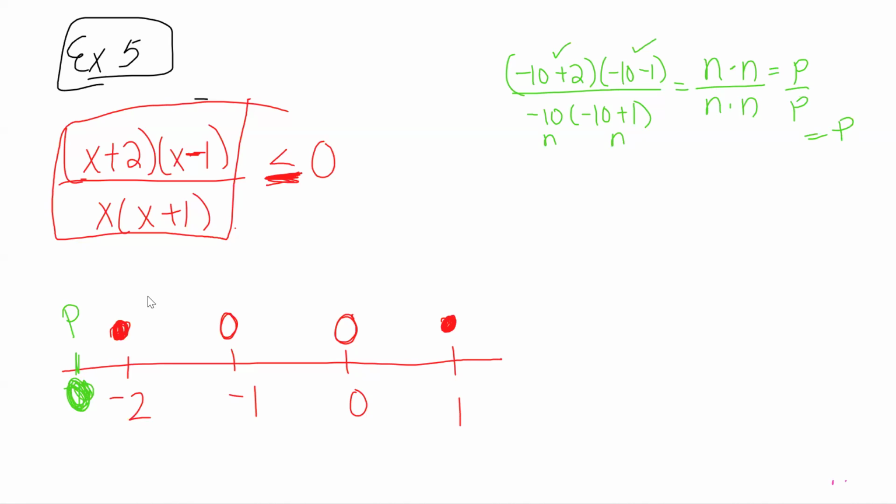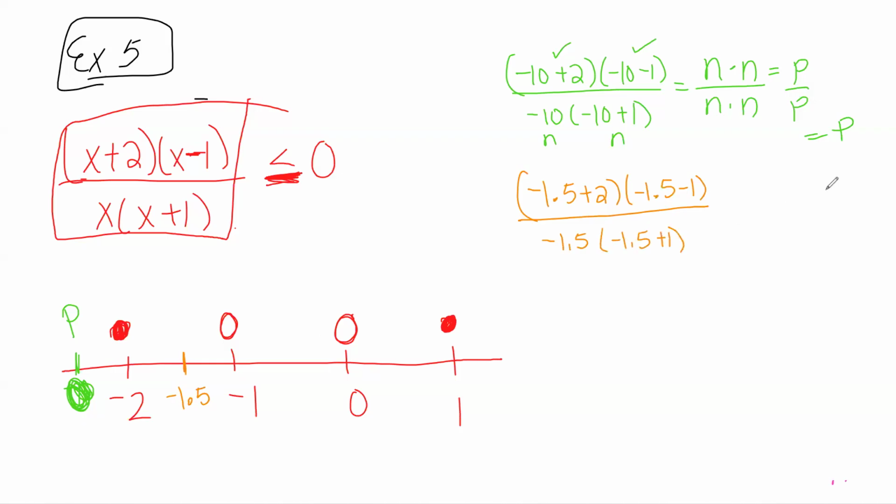Favorite number in between -2 and -1 would have to be -1.5. I mean, it wouldn't have to be, but there's not that much choice there. You have to pick a decimal or a fraction. So let's go -1.5 is what I'm going to use because that's in between. So I'm going to do -1.5 plus 2, -1.5 minus 1, -1.5, -1.5 plus 1.